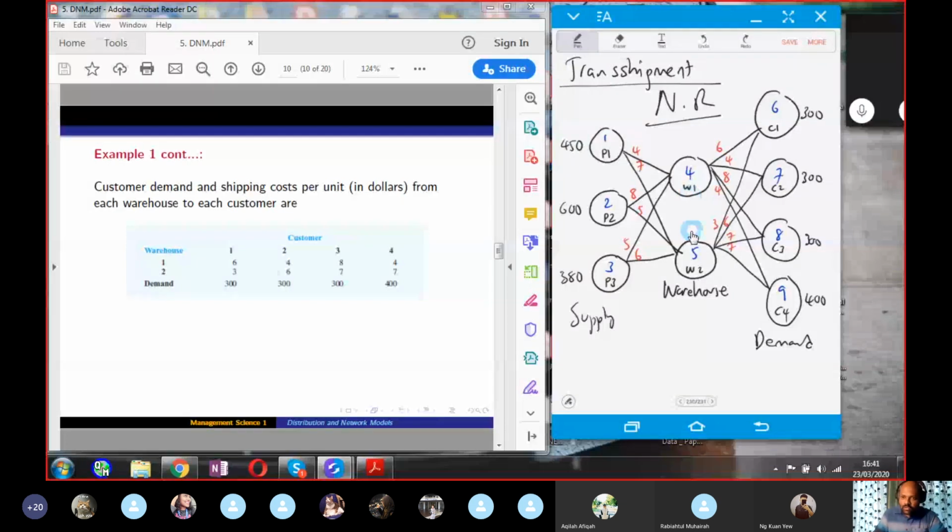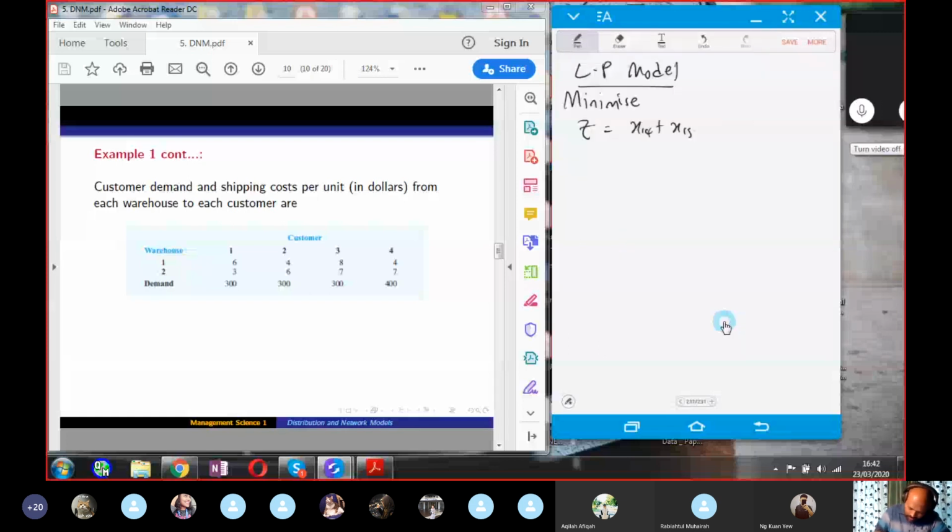It would be X14. From P2 to W1, X24. P1 to W2, X15, something like that. We finish one circle first. We finish plant 1 first, X14 and X15. X14 plus X15. This is plant 1 to warehouse 1 and warehouse 2. Plant 2 to warehouse 1 and warehouse 2.